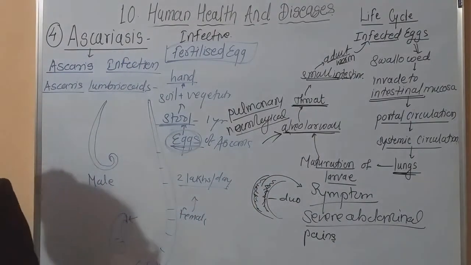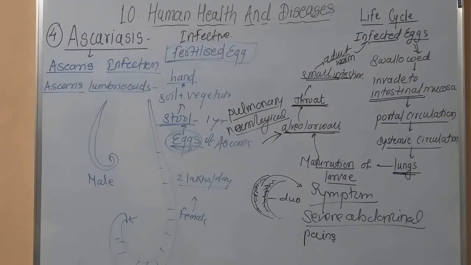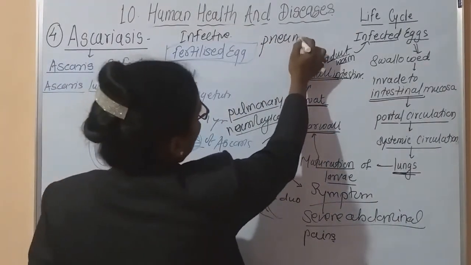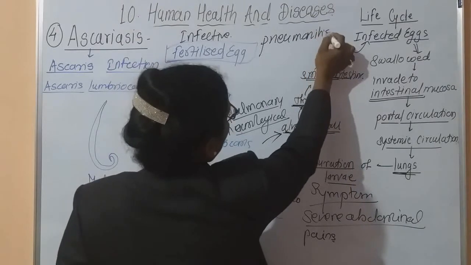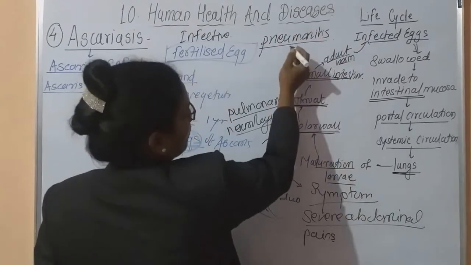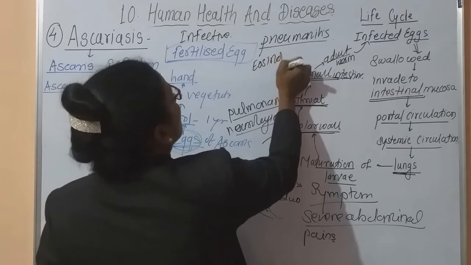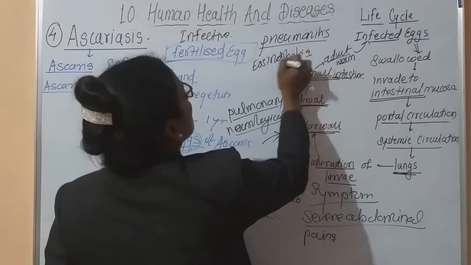Okay, hence it can cause different types of infection, as sometimes the bolus, that is a number of worms, comes together and obstructs the intestine also. Okay, and pneumonitis or eosinophilia also takes place. Pneumonitis is infection of the lung, like pneumonia, and eosinophilia is a change in the blood cell count.